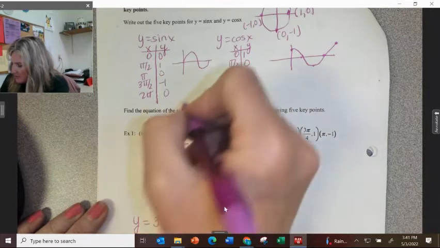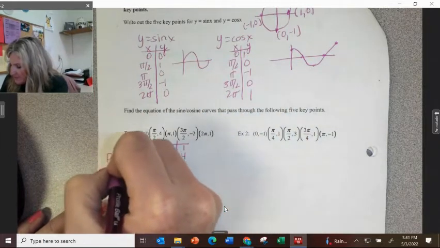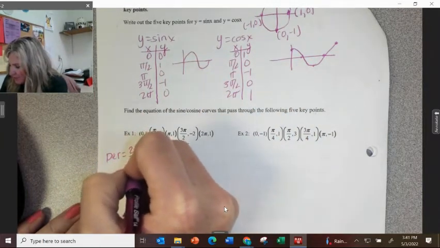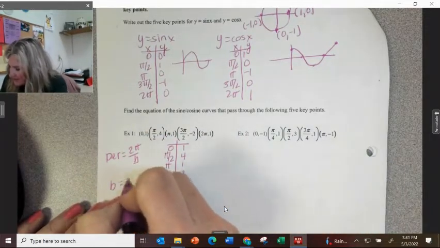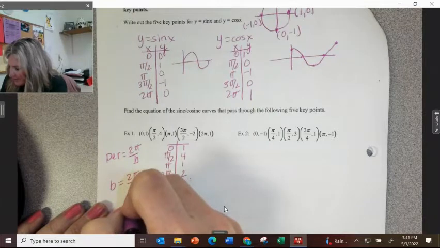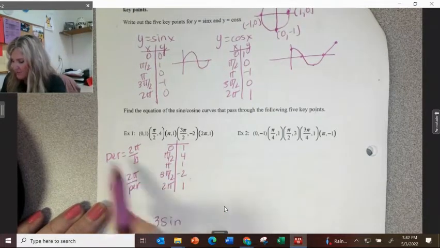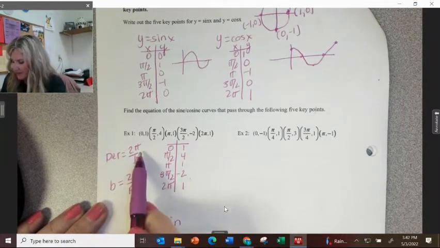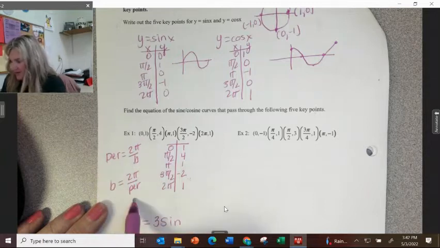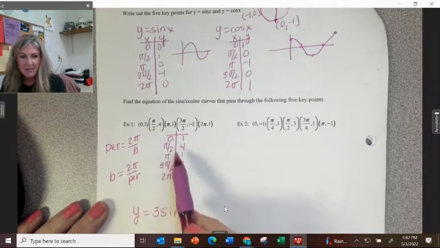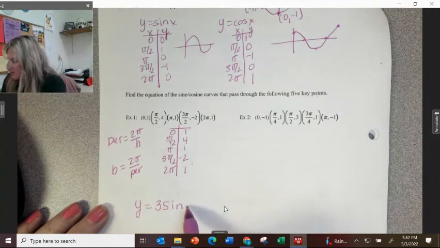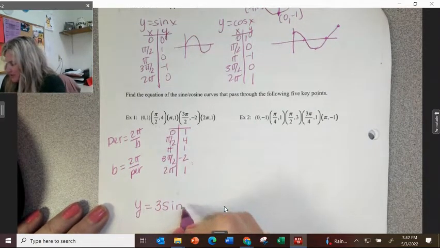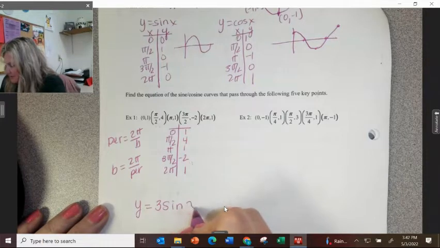The formula for period is always 2 pi over b. That would also tell us that b is 2 pi divided by the period, which is what we'd get if we solved this for b, multiplying both sides by b and dividing by the period. But the period didn't change, did it? It's still 2 pi. So I know there's no coefficient in front of the x changing the period. So I'm just going to put an x.